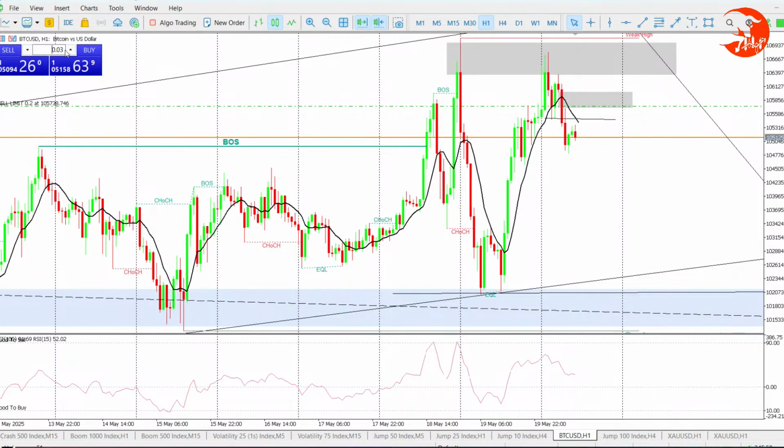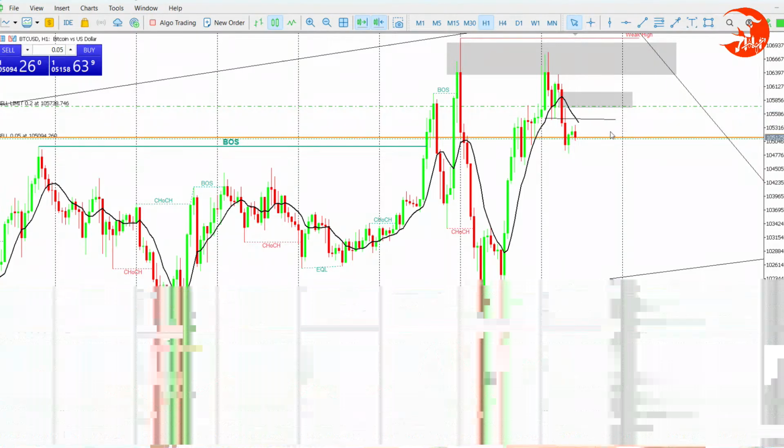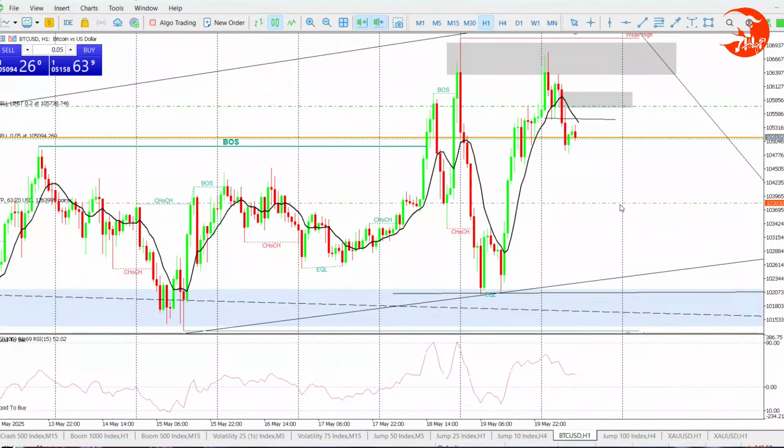Just put it at 0.05 and then have your entry right there. Now this sell, I'm going to be looking at my first TP just about there. In fact, I can take my first TP right in this fair value gap.